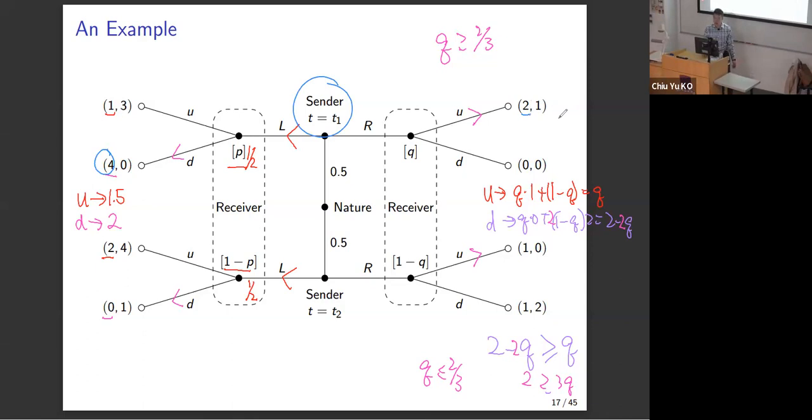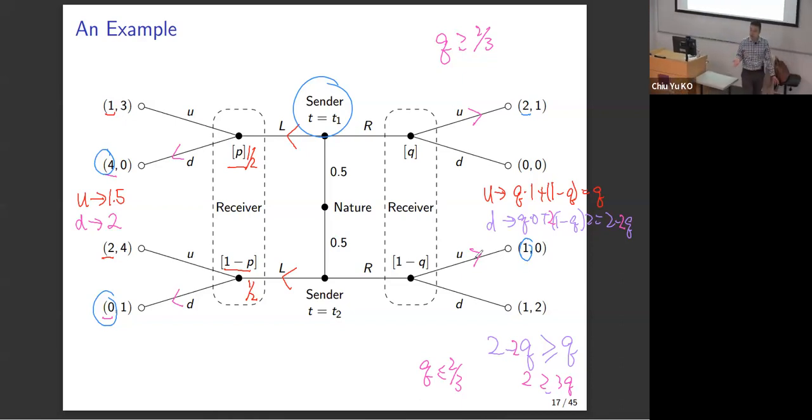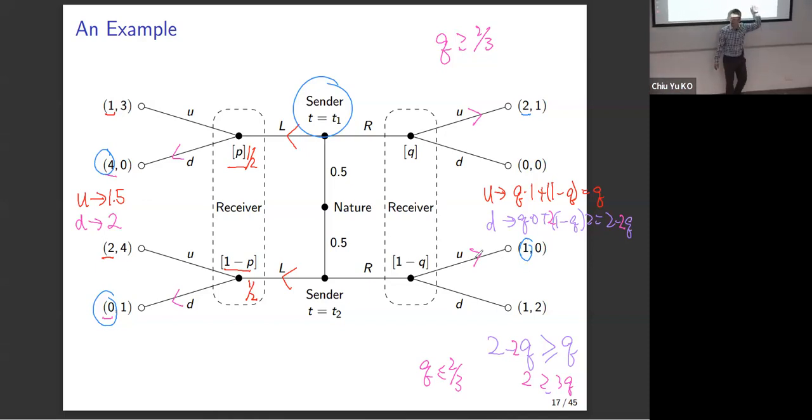And sender 2 gets 0 in the equilibrium. If he deviates and sends R, he will get U, get 1. 1 is better than 0, so this cannot be an equilibrium.